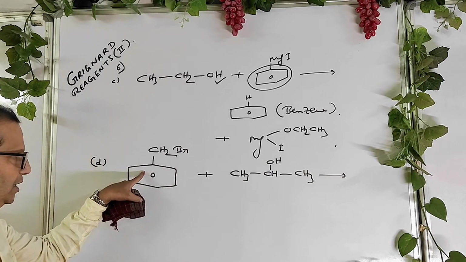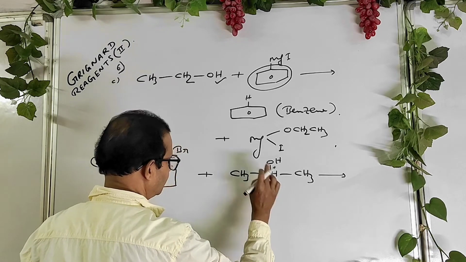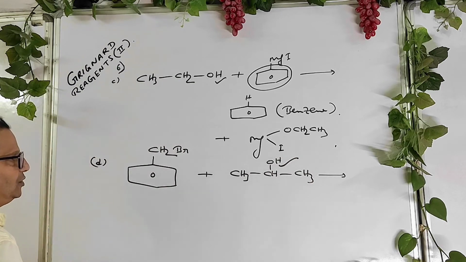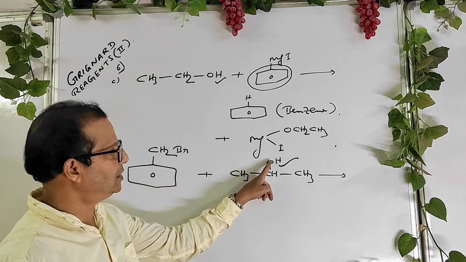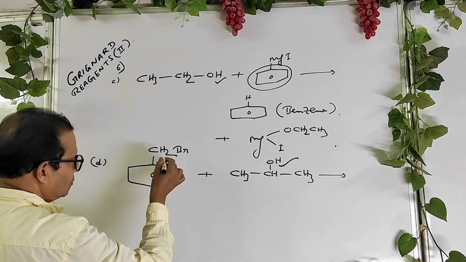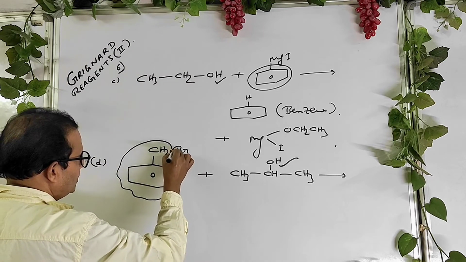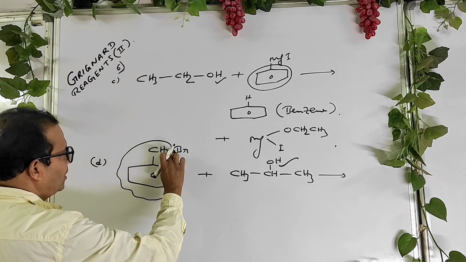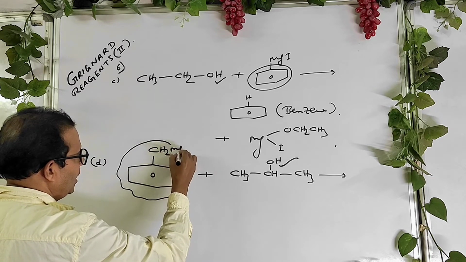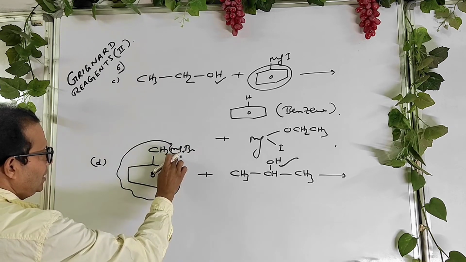This is a Grignard reagent. This is an alcohol. This is an active hydrogen atom, that is acidic hydrogen, as it is connected with the more electronegative oxygen atom. See the part, it is MgBr.